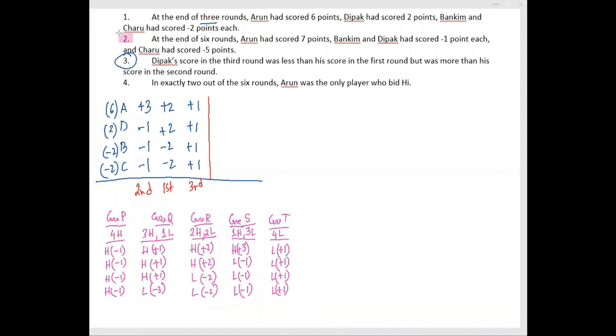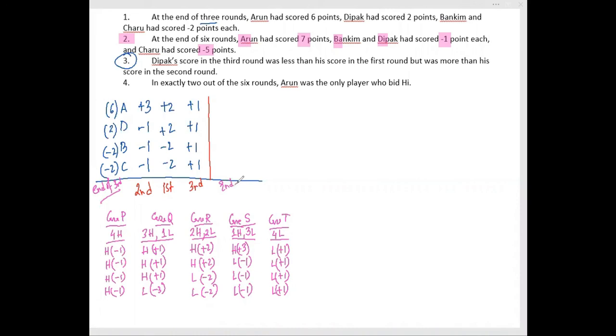We can go by the second point. At the end of the 6 rounds, Arun has scored 7 points. B and D have scored -1 point each, and C has scored -5 points. So these are the points at the end of the third round.